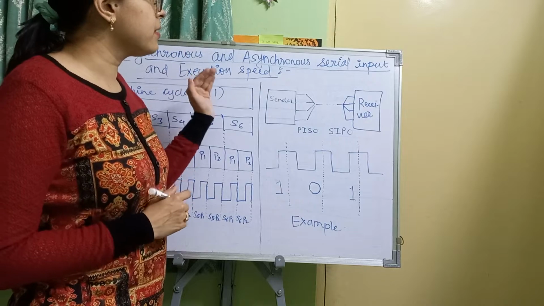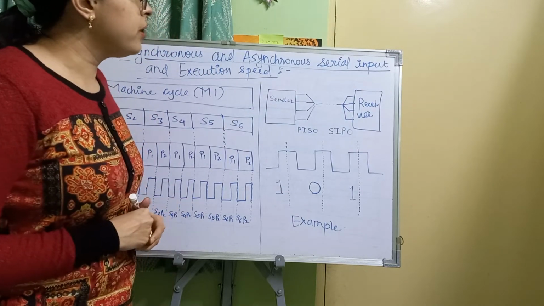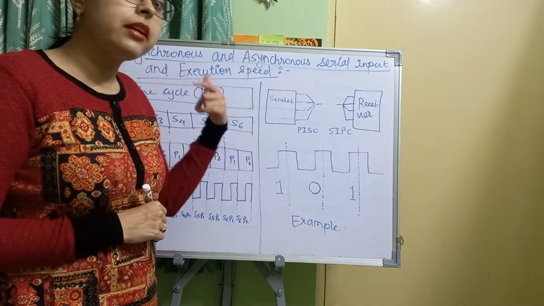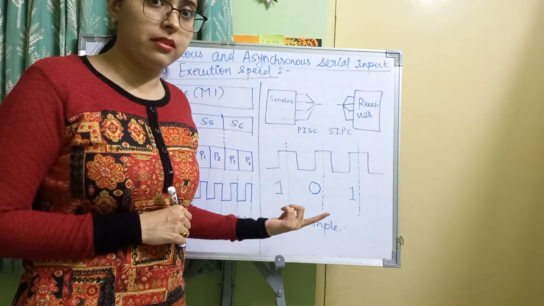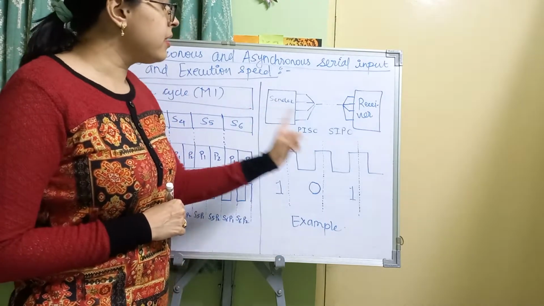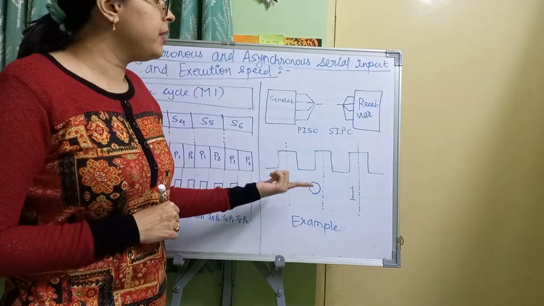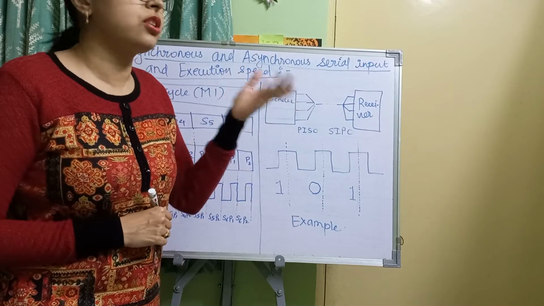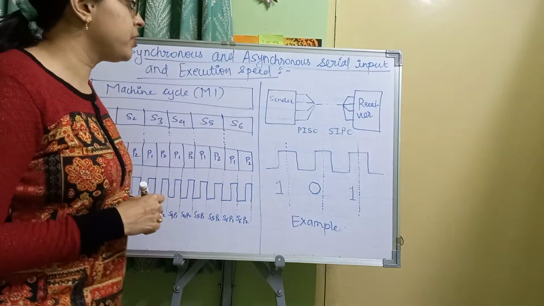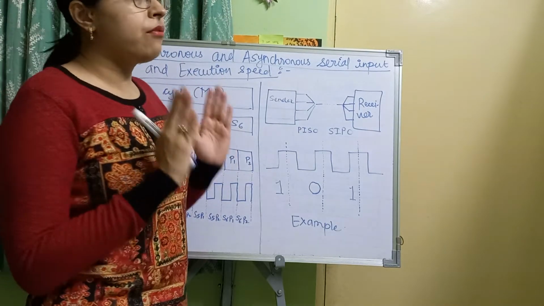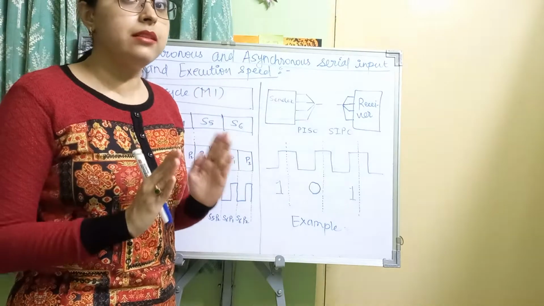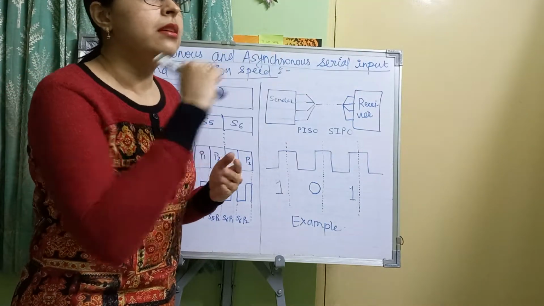Whenever a sender sends a bit stream to the receiver, along with the bit stream the sender is also sending the clock pulses. Clock pulses and bit stream are sent together, and they are synchronous to each other. What do you mean by that? At every instance of a clock pulse, the bit stream is sent.